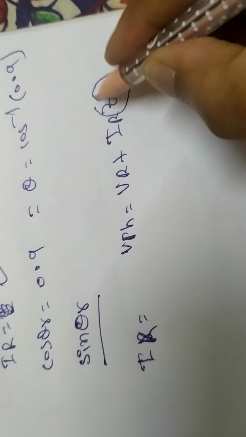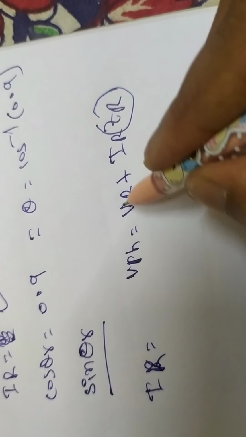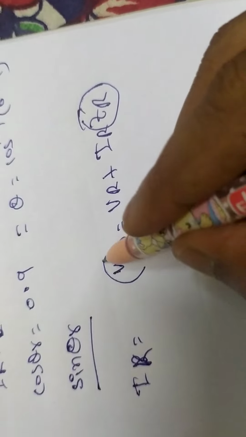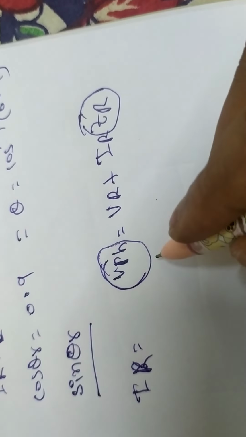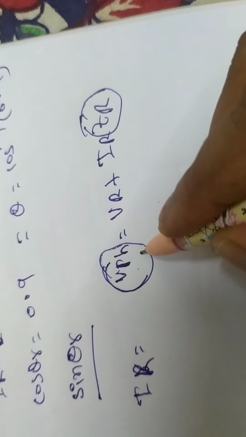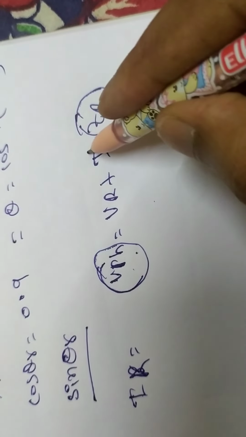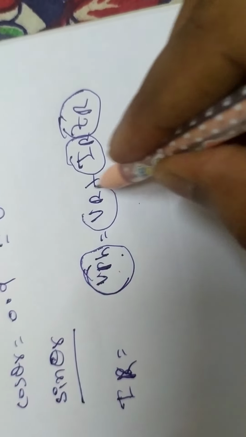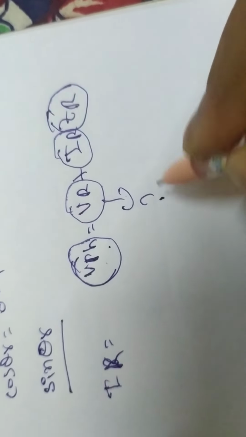So the phase voltage is already given, and the phase impedance is given. We calculate the V phase voltage from the V line voltage, and we just calculated the IR value, and so we have to calculate this value, the receiving end voltage.